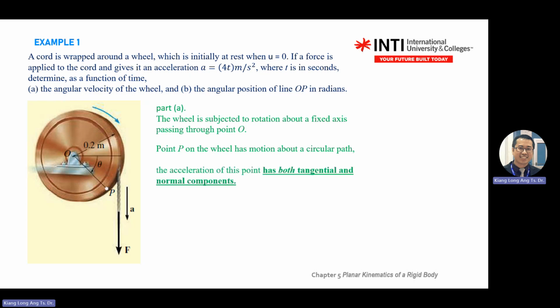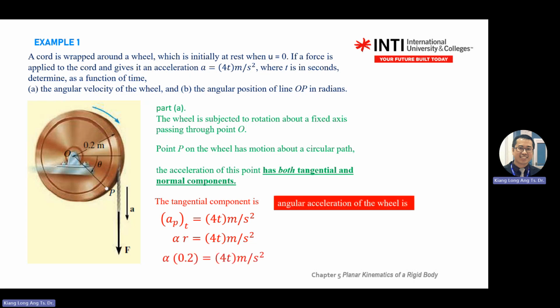This is a circular motion, so you have tangent and normal components. The tangent component AT is 4t m/s squared. The AT equation is AT equal to alpha r. You can find your alpha already. Alpha r equal to 40t.